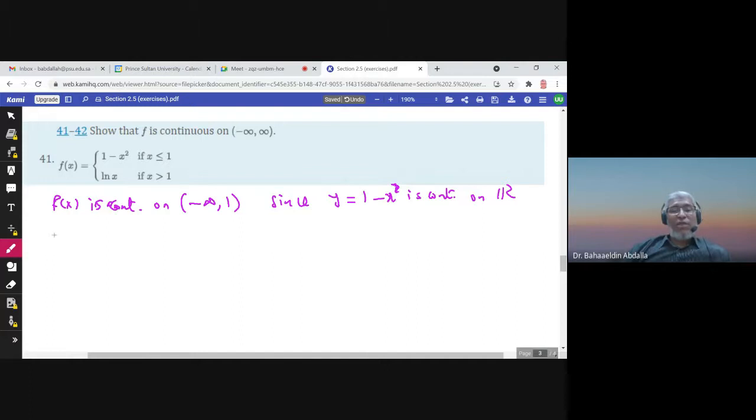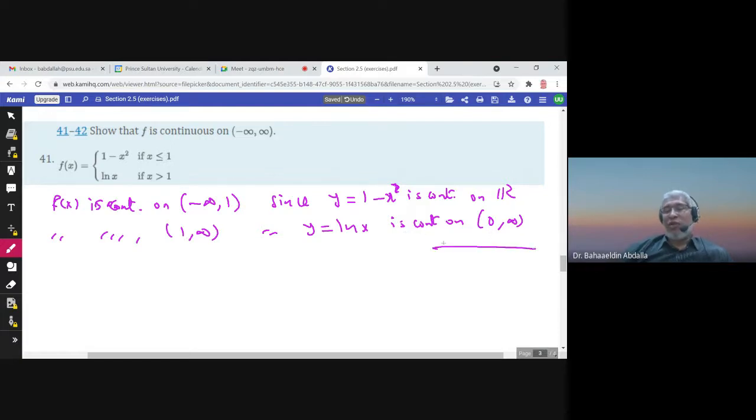And f of x is continuous on the interval 1 to infinity here, since ln x is continuous on 0 to infinity, its domain. And 1 to infinity is part of 0 to infinity, because this is 0 and this is 1. So if it's continuous from 0 to infinity, it has to be continuous from 1 to infinity.